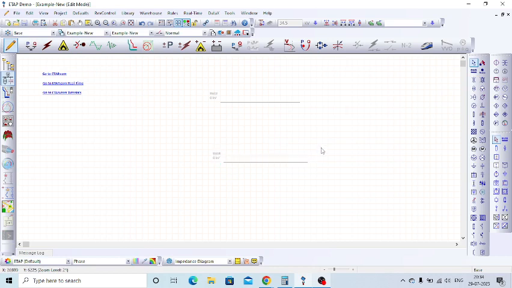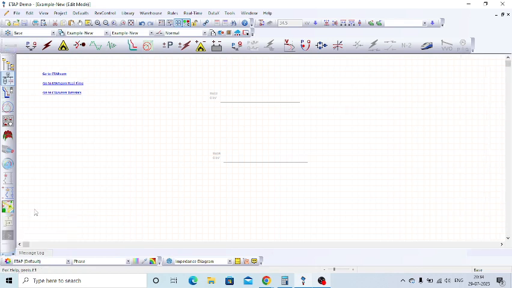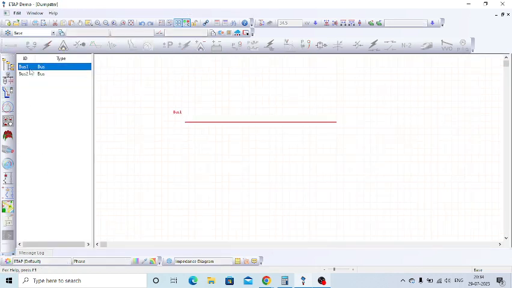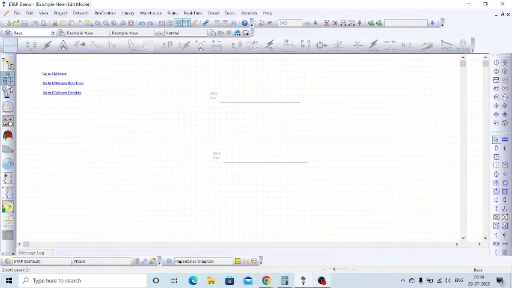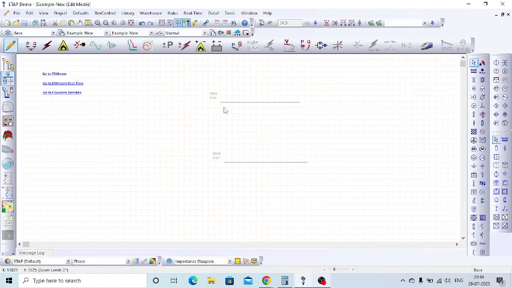If we delete any element in this working space, it will go to the system dumpster. The dumpster is here, and all the deleted elements will appear here. Here I deleted two elements, bus 1 and 2. For that reason, the next buses I selected are automatically renamed as 3 and 4.